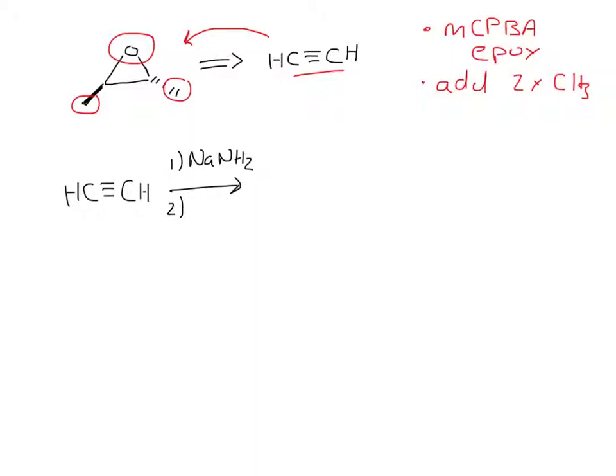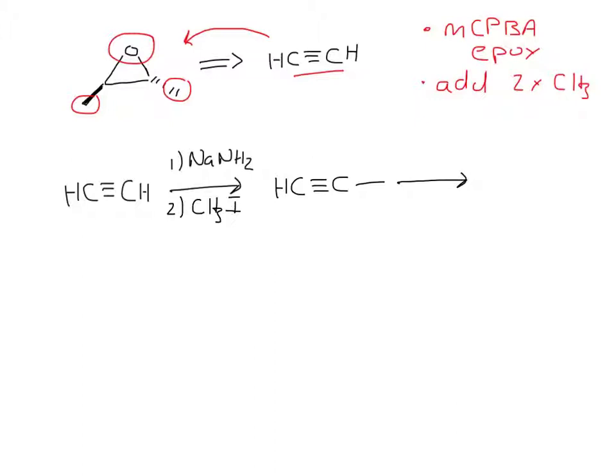And then we want to add a methyl group, so we'll use methyl iodide. So that'll let us add 1 methyl group to the alkyne.